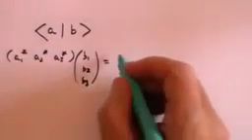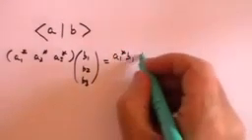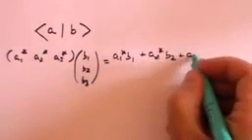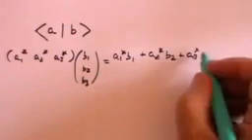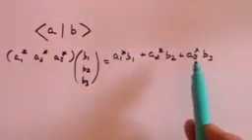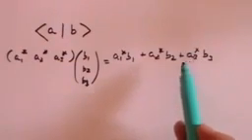So that will be A1 star times B1 plus A2 star times B2 plus A3 star times B3. That just becomes one number. It's a complex number, but it is just a number. It is not any longer a vector.